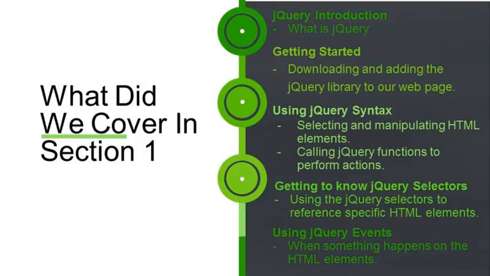Now, getting started. In the getting started section, we've learned how to download and add the jQuery library to our web page. Again, in this course, I've just downloaded the jQuery script as a hard-coded file, but there's two different ways that you can use the jQuery library. And again, what we've done was download the jQuery library just for this course and testing purposes.